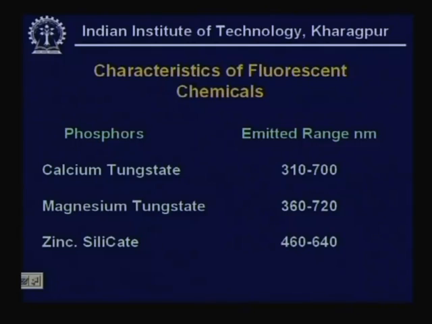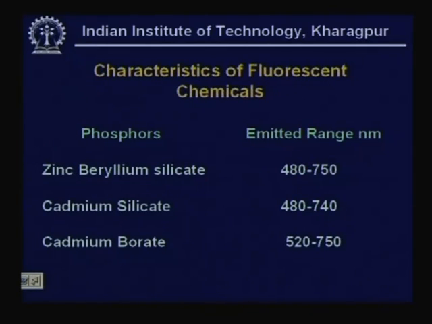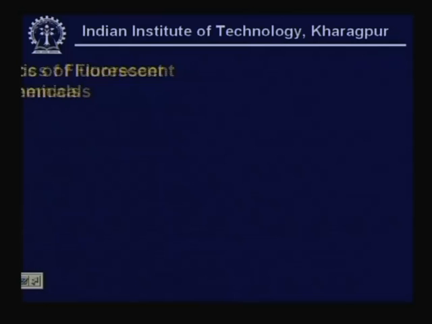Magnesium tungstate is around 360 to 720, whereas zinc silicate is only between 460 to 640. That is an important issue to be kept in mind. Zinc beryllium silicate is around 480 to 750, whereas cadmium silicate is, as you see, as we are going along down the table, it is shifting a bit to the right. That is a very important thing to be kept in mind. For the emitted range, cadmium borate is between 520 to 750.